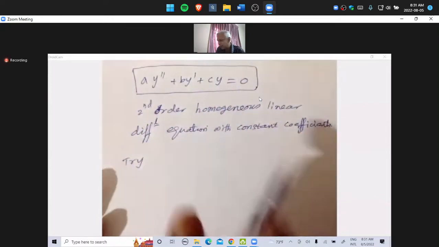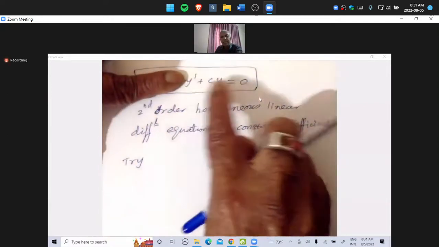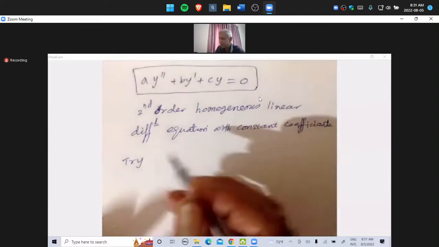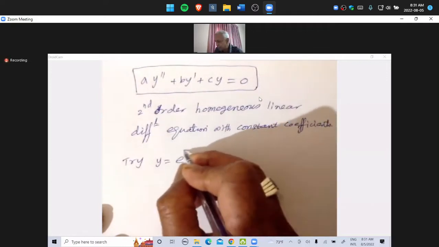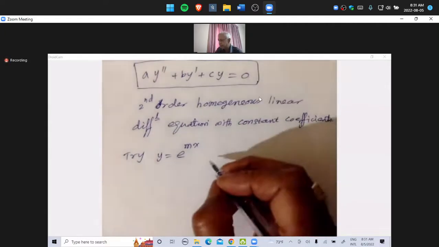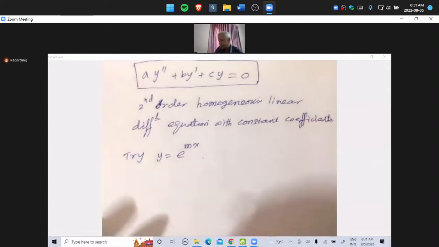If you take the first order linear differential equation, solutions are of the e to the mx type. So for the second order one also, we try y equals e to the mx as a solution.